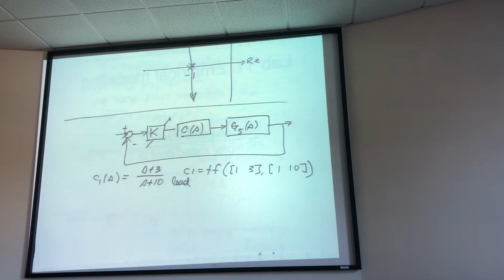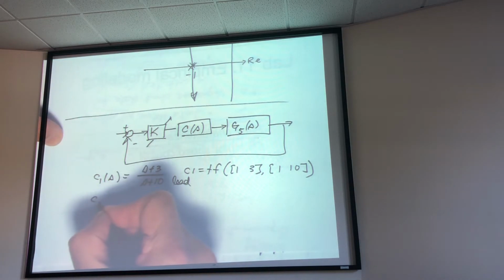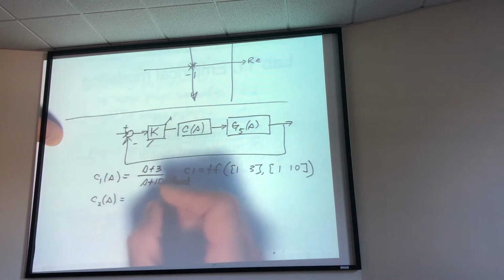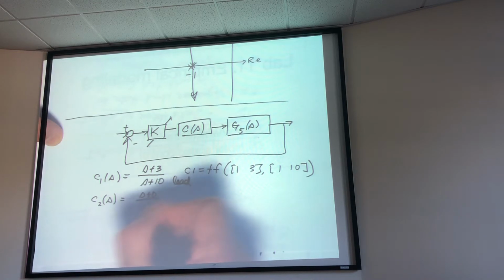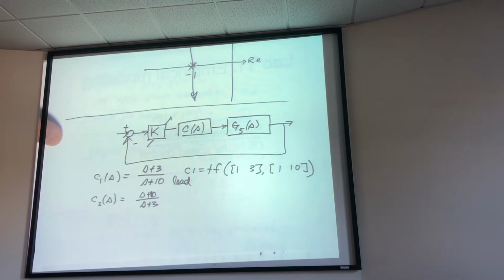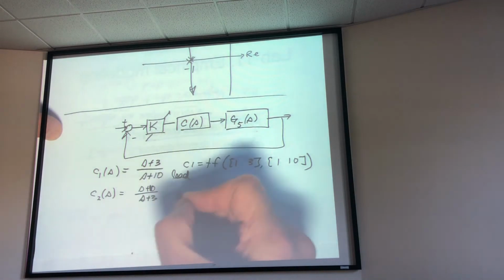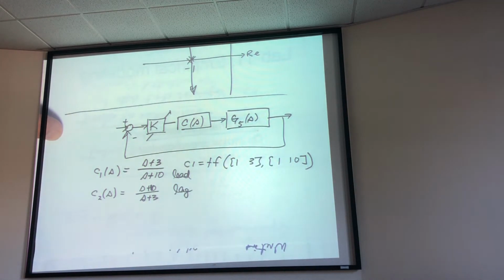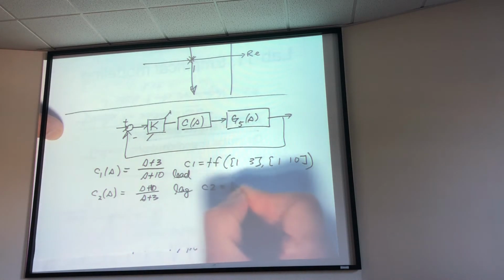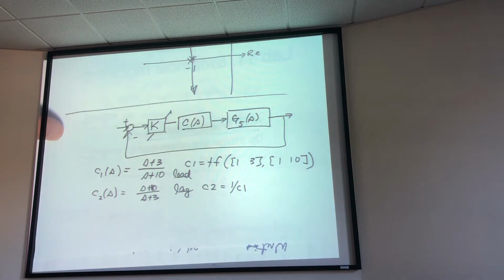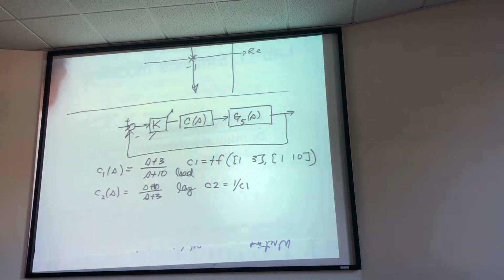All right. The other one, let's swap it. Let's call it S plus 10 over S plus 3. This is a lag. If you want, you can say C2 is equal to 1 over C1 in MATLAB, 1 divided by C1.